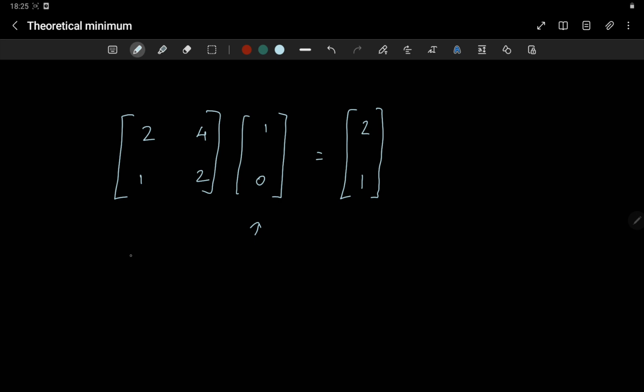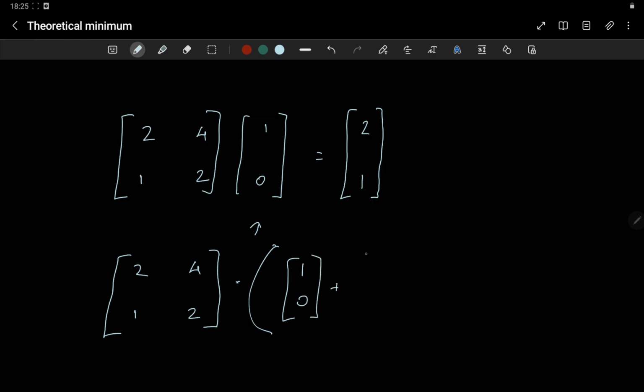Let's say A, which is 2 4 1 2, times 1 0 plus 2k, minus k, is equal to 2 1.